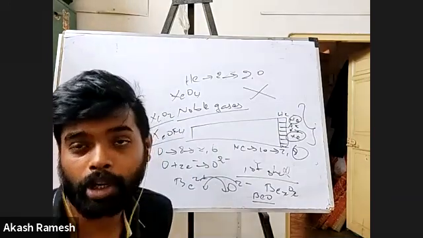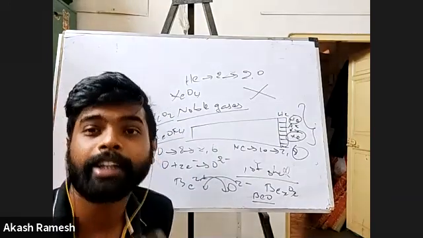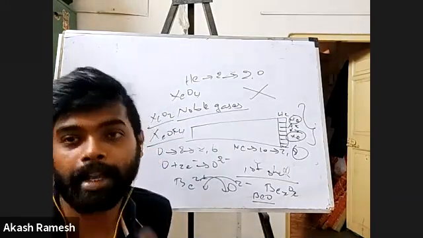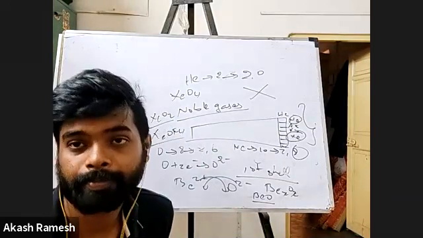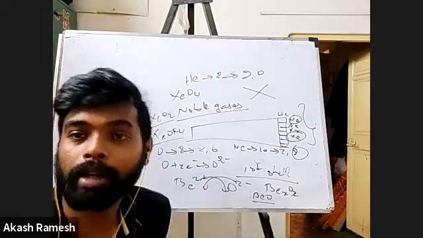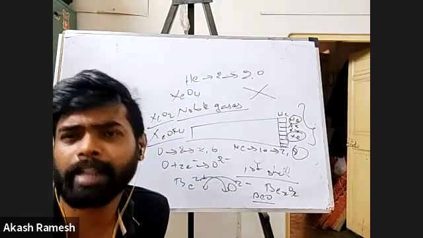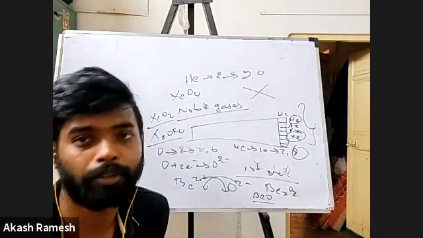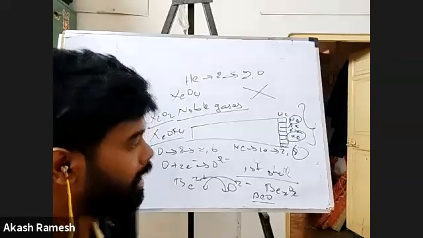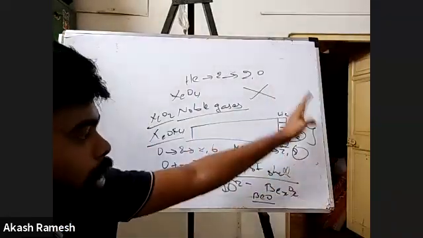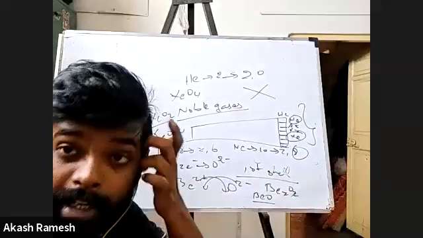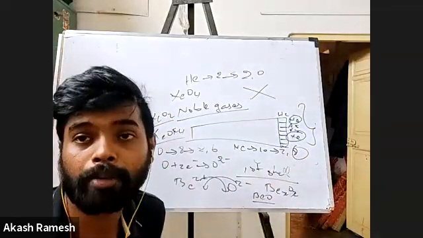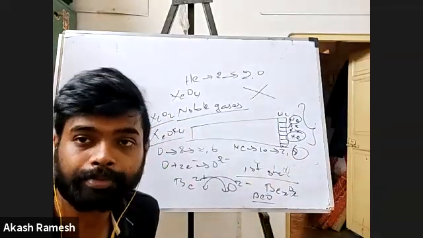And that is where you have to understand that octet is not the only criteria. I already mentioned it, right? Octet is not the only criteria for gaining stability. There are various other ways, which you will be encountering when you go to 11th class. For now, all you have to understand is all of them are already octet or duplet satisfied. So theoretically, they should not be forming any compounds.